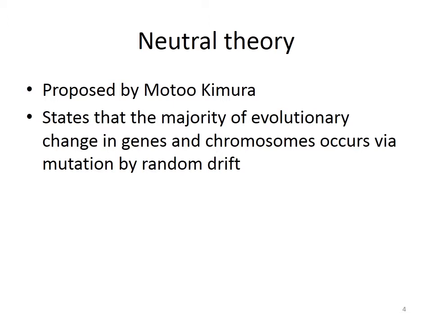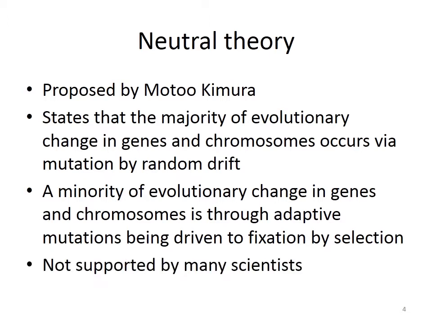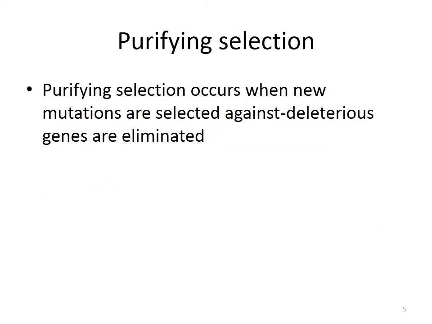So it's saying that a minority of evolutionary change is through adaptive mutations being driven to fixation by selection. The important thing to remember here is that this is not supported by many scientists, but it's something that you may actually run into in the future, so I wanted to be sure that you knew what that is.